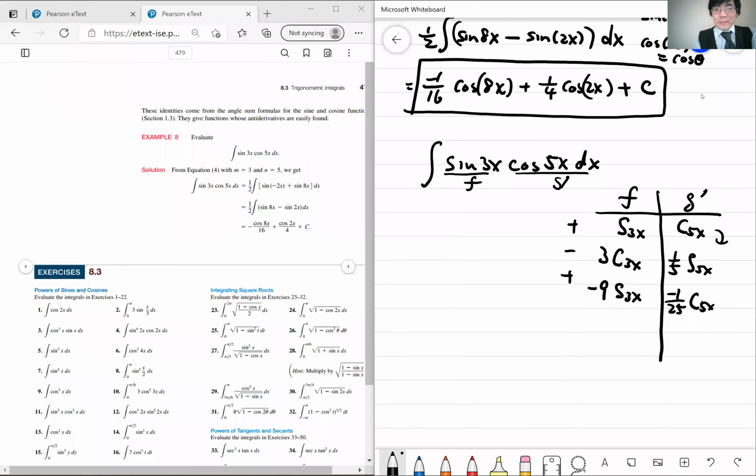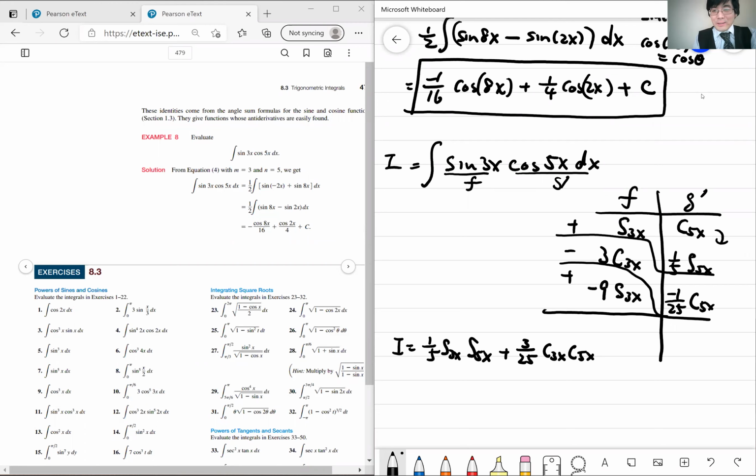Okay, so let's say this is equal to I. Then I is equal to 1/5 sine 3x sine 5x, plus 3/25 cosine 3x cosine 5x, plus the integral of this one, which is the integral of 9/25 sine 3x cosine 5x dx.